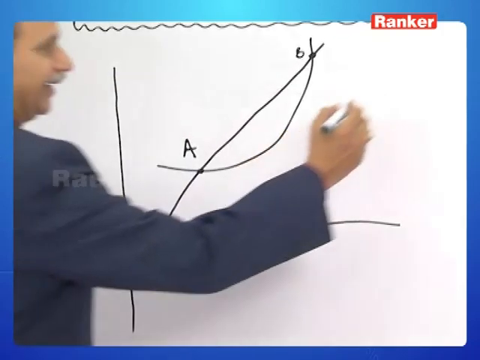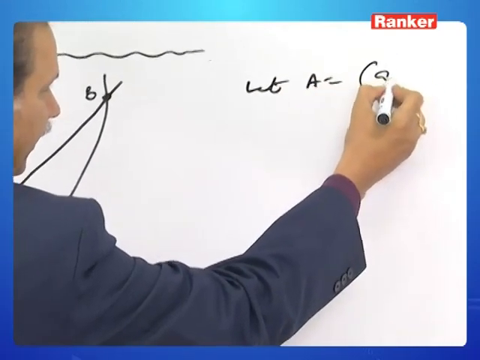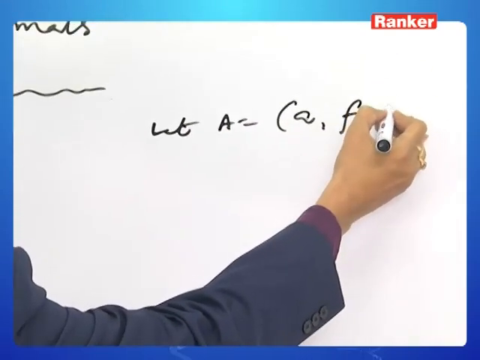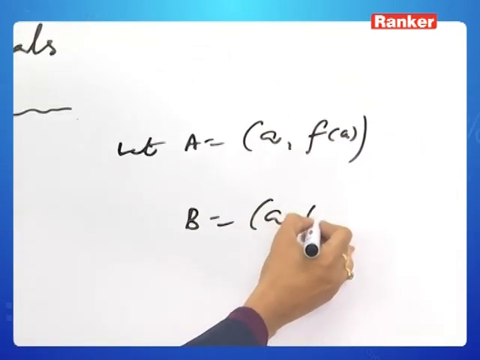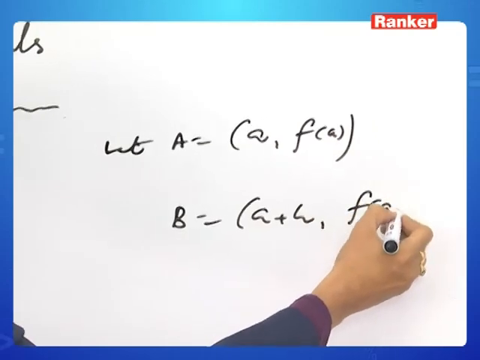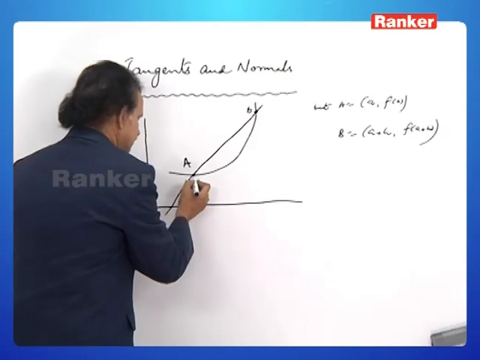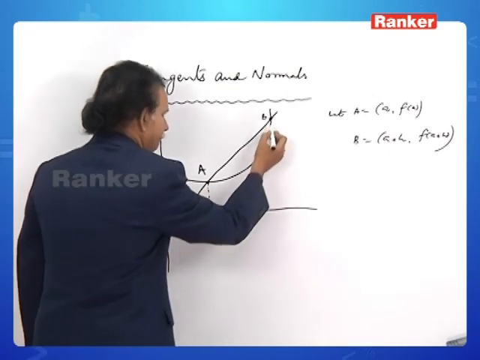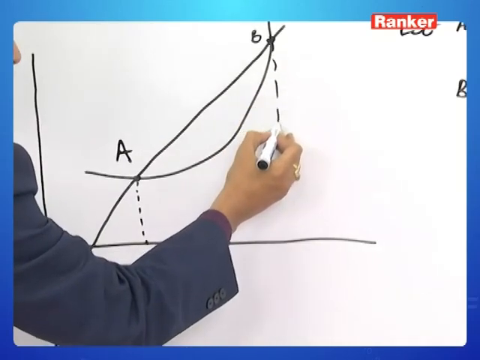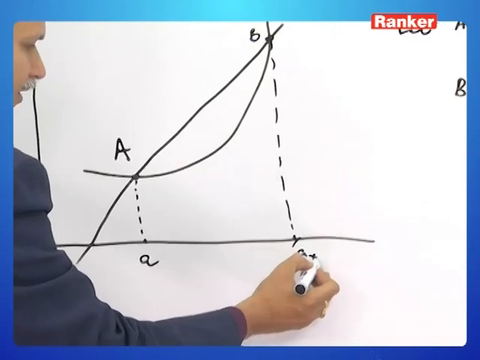Let A be the point a comma f of a, and B be a plus h comma f of a plus h. This is a, this is a plus h.